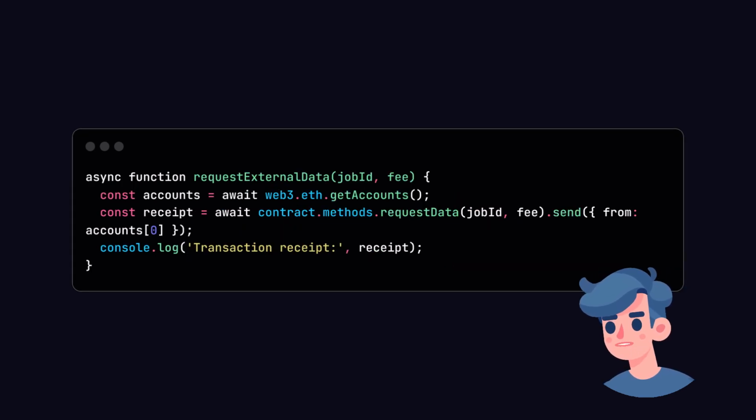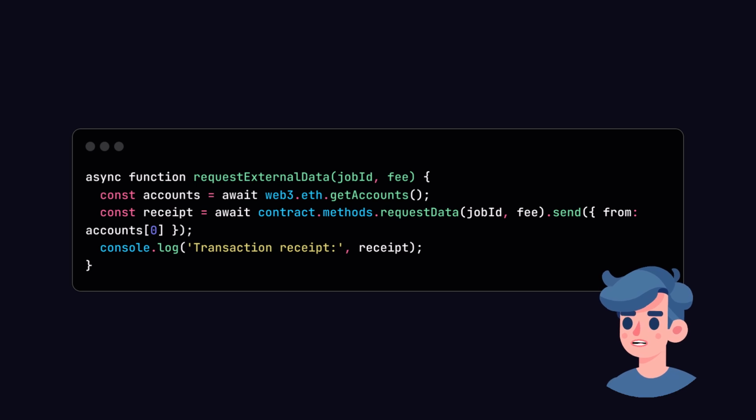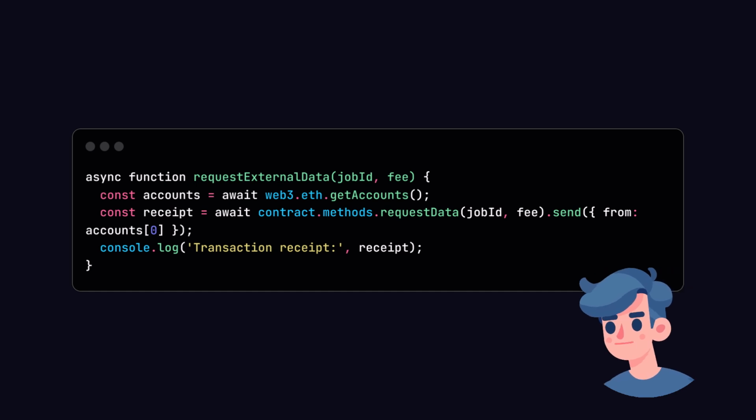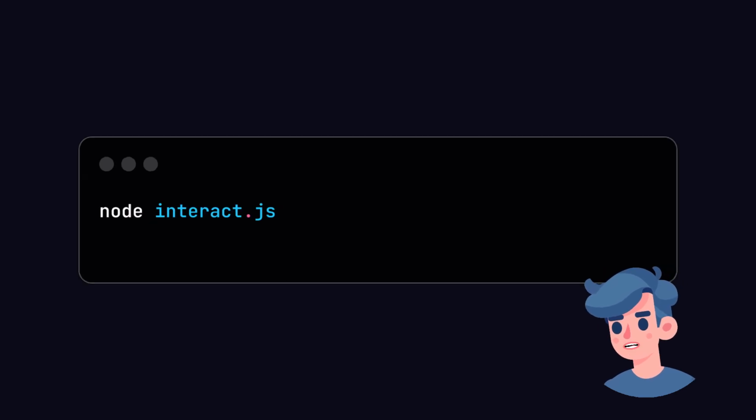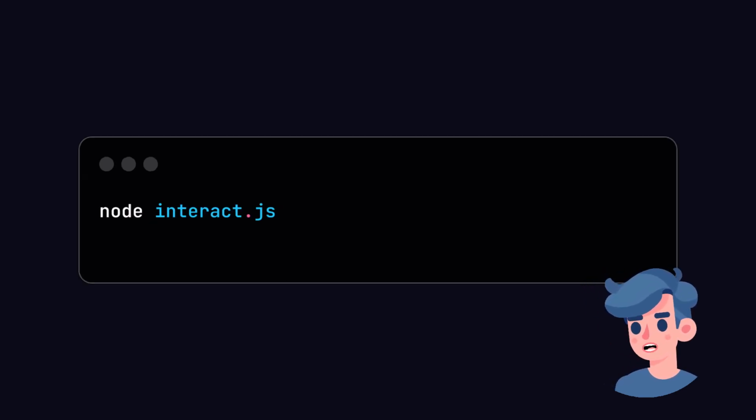You need to replace your_Infura_ID with your actual Infura project ID and your_contract_address with your deployed contract's address. Next, we will create a function to call our requestData function. Now you can run this JavaScript file using Node.js. Ensure you replace the job ID and fee parameters as per the Oracle job configuration available on Chainlink's documentation.